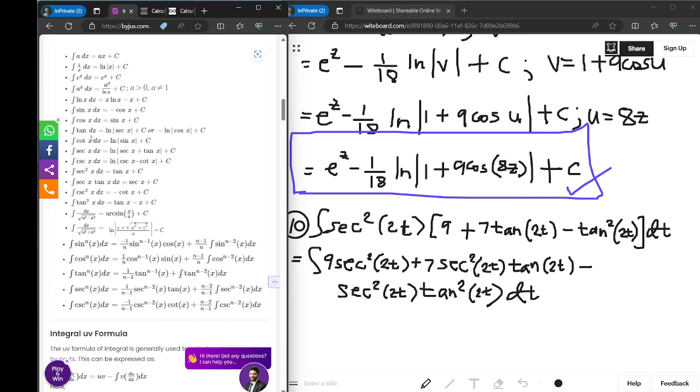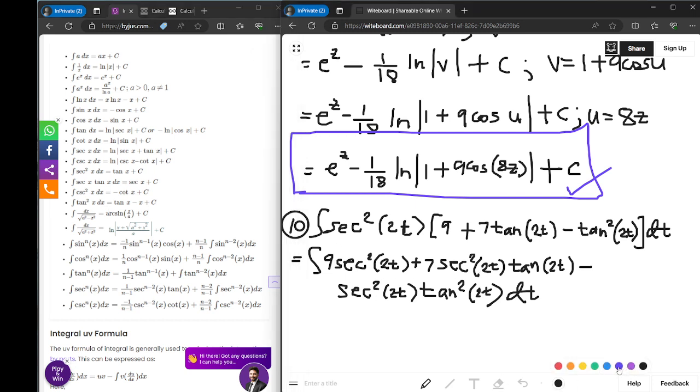We have tangent of x. Do we have tangent squared? We can integrate this one directly. This is the only one. We have to use other trigonometric identities to solve for the other remaining two.